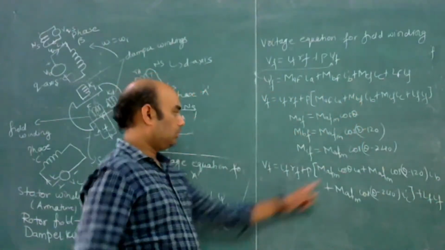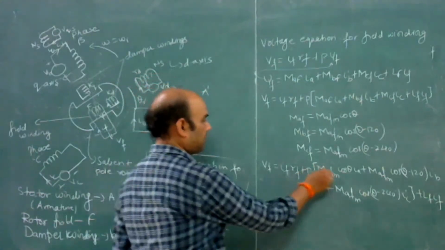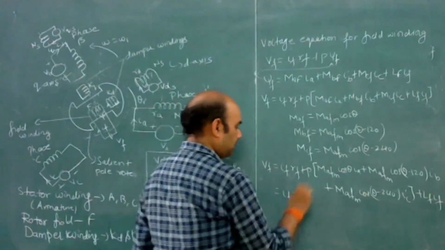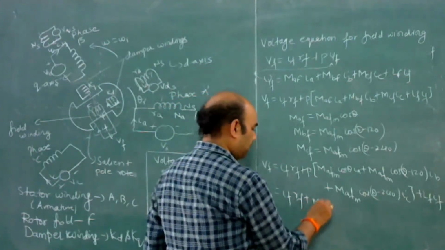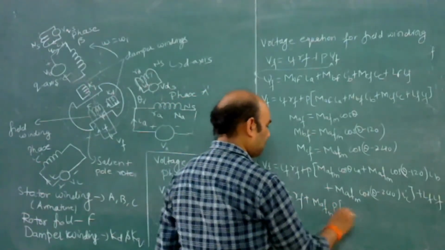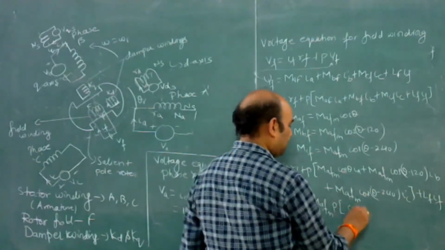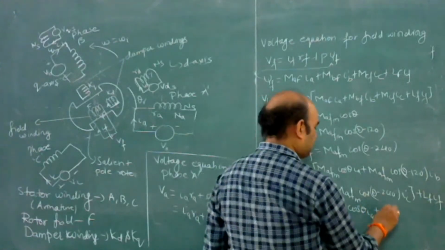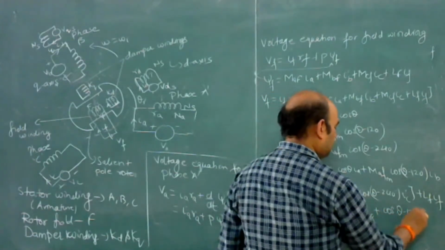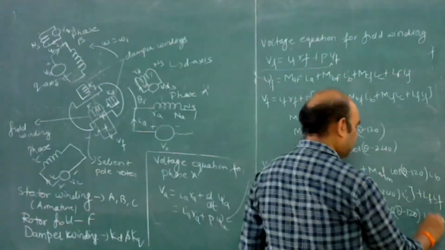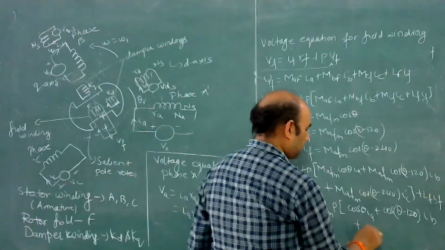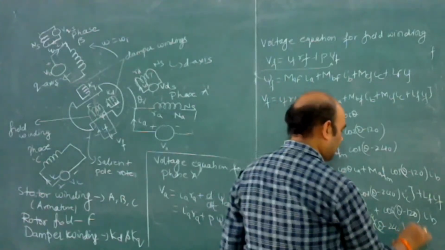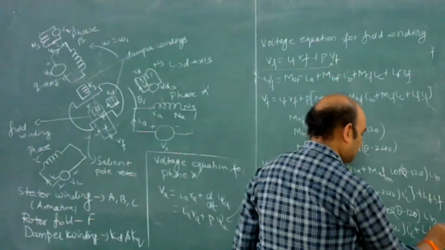Okay. So taking out this MAF outside, this will be MAF, cos theta into IA plus cos theta minus 120 into IB plus cos theta minus 240 degree into IC, plus LF into IF.